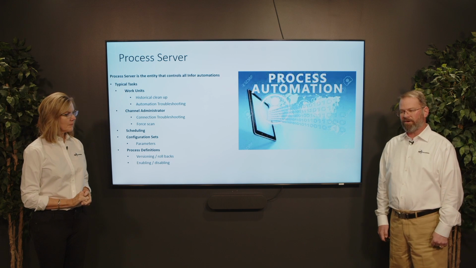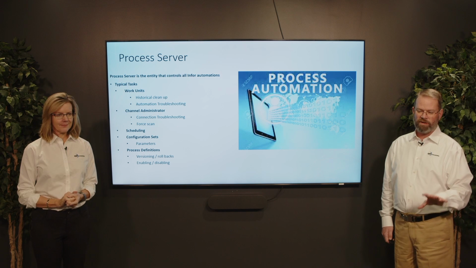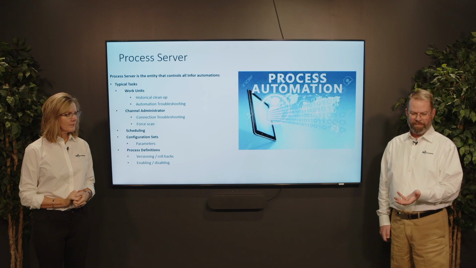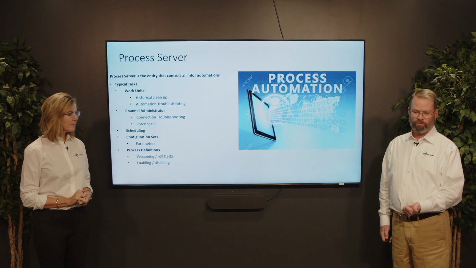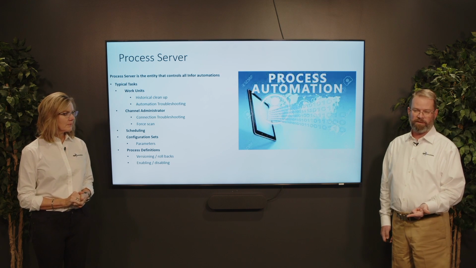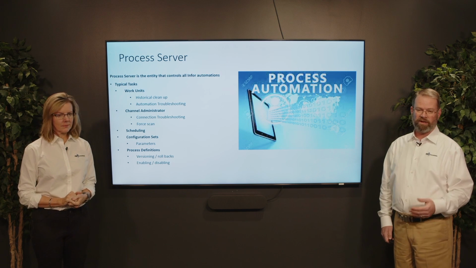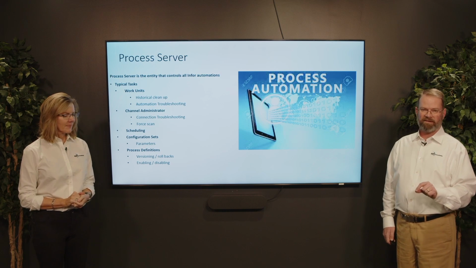One of my favorite areas is the configuration set. Flows look at these configuration sets that you define for all of their parameters, basically. So where am I looking? What are the credentials for that FTP server? One of my favorite areas, though, is that your developers doing these process automations can set up variables in that configuration set.